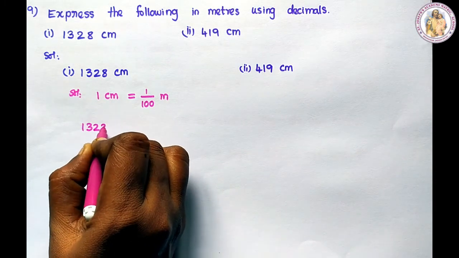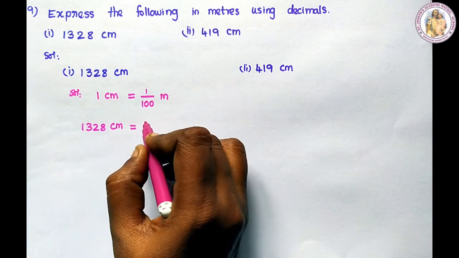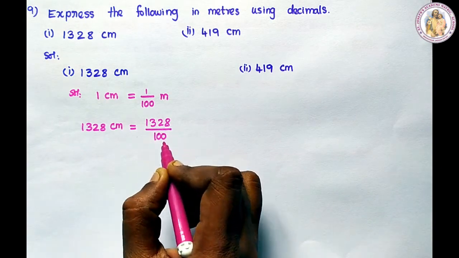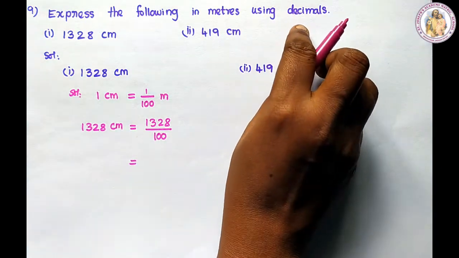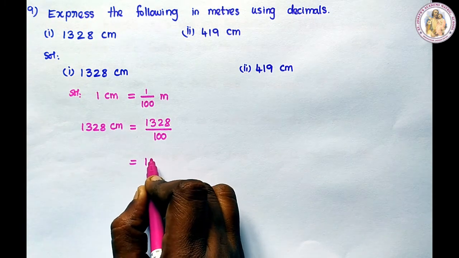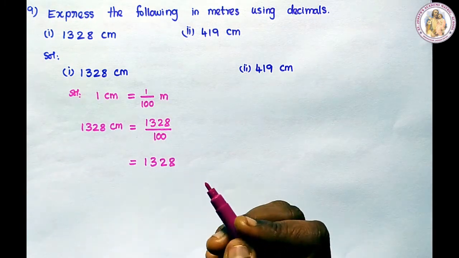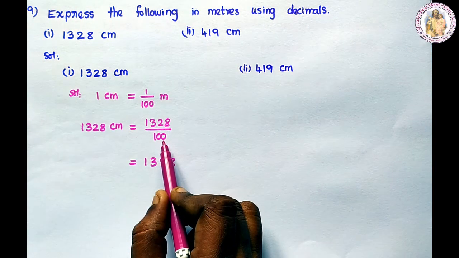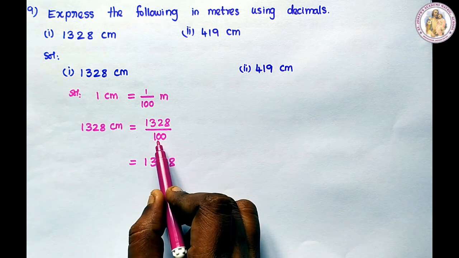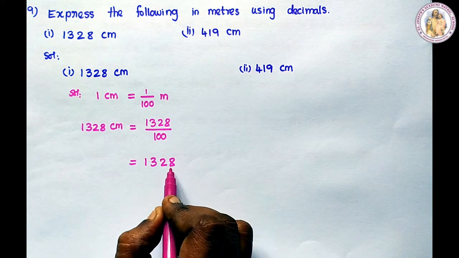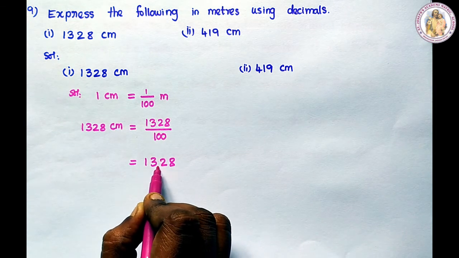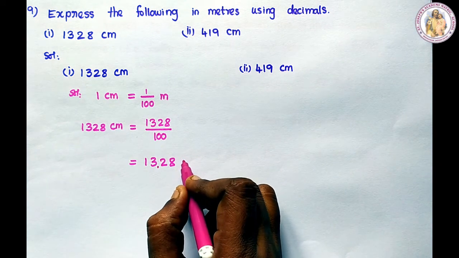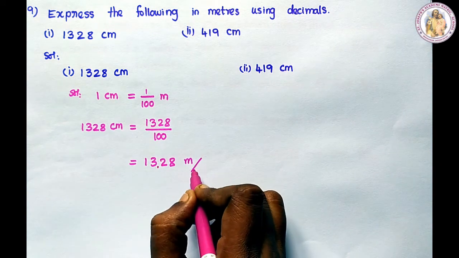So, 1328 centimeter equal to 1328 divided by 100. Now, express in decimal form. So, write down the number. How will you put the decimal point? Here denominator is 100. So, there is 2 zeros. So, before 2 digit we have to keep the point, means we get 13.28. What is that? Meter. So, that is the answer.